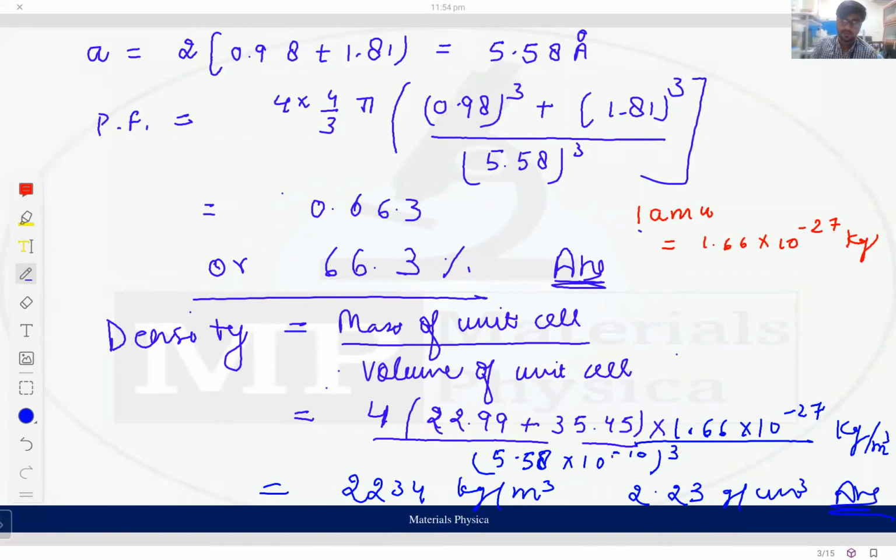So now the packing fraction for this sodium chloride is 66.3%, and the density of sodium chloride is 2.23 gram per centimeter cube. Now move on to the next question.